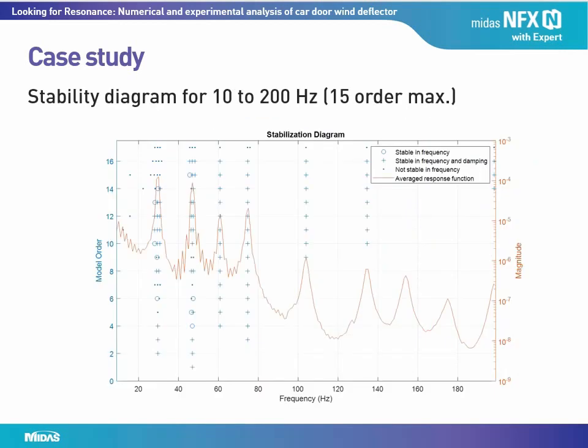We pass the frequency response function matrix to a curve fitting algorithm to predict natural frequencies and damping ratios. The algorithm starts from first order up to the order set by the user to locate the frequencies of any possible resonance. This is a stability diagram of such a search for a band from 10 to 200 Hz. Maximum order was set to 15.